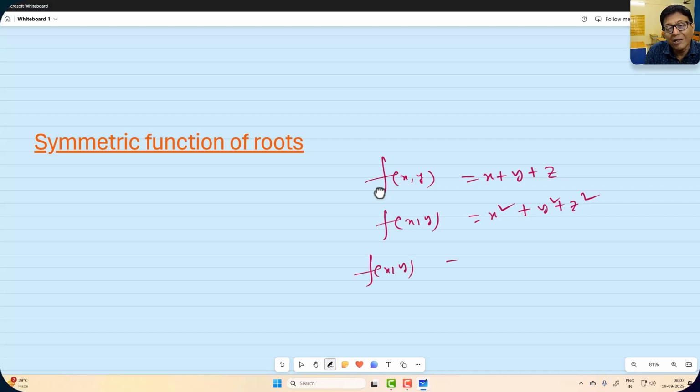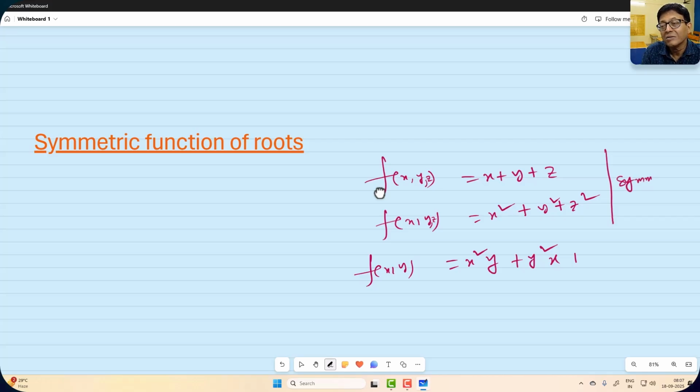If f(x, y) equals x square y plus y square x, in terms of two variables, this is symmetric. The others you have taken in three variables, because you have written z over there. So this is a symmetric function in three variables.